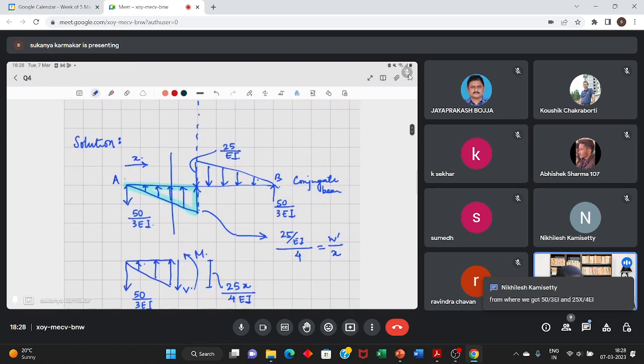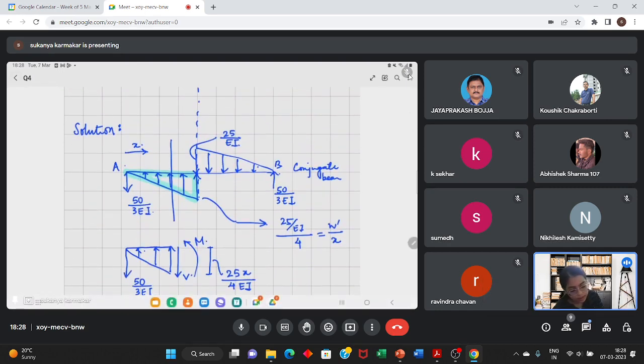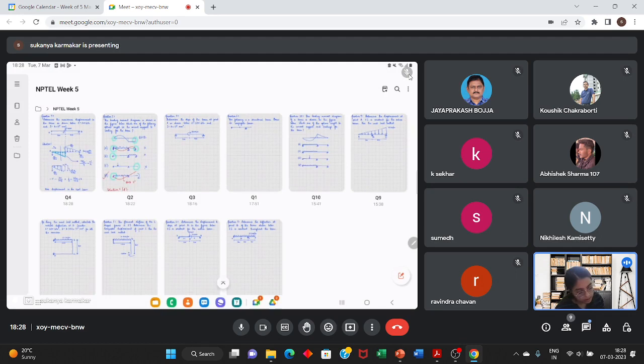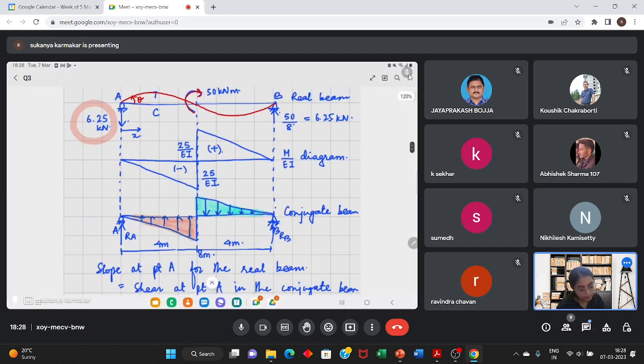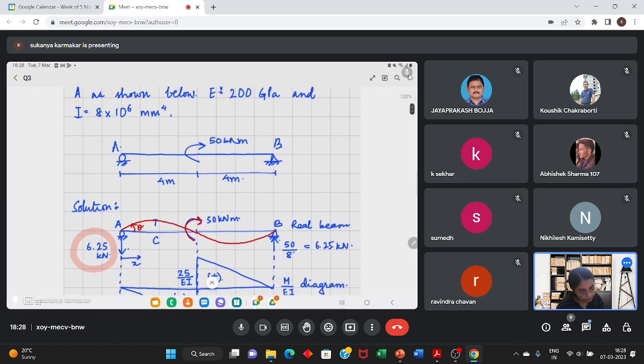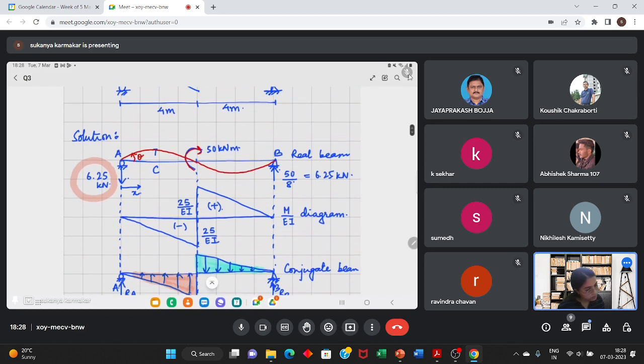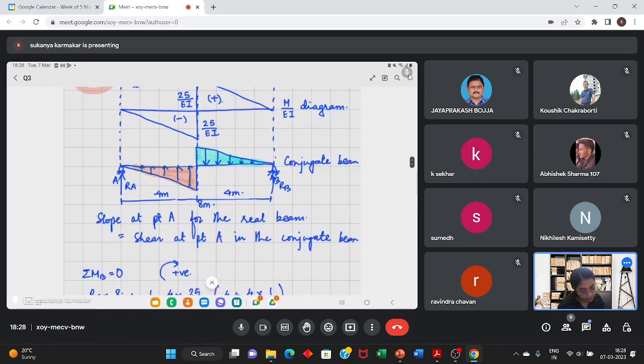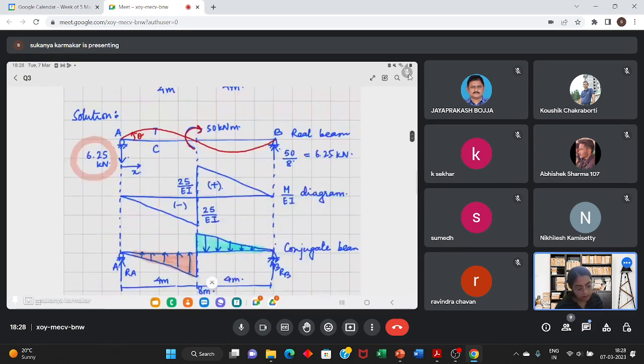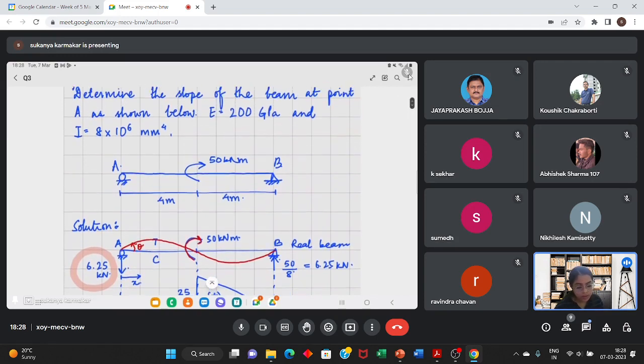So this support reaction has been calculated from this question. See this question number 3. This structure in question number 3 and question number 4, which we are currently doing, is the same.